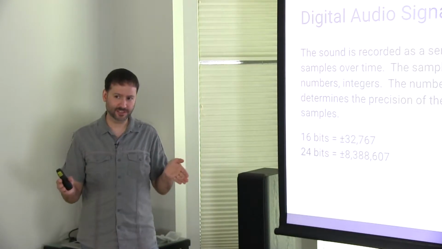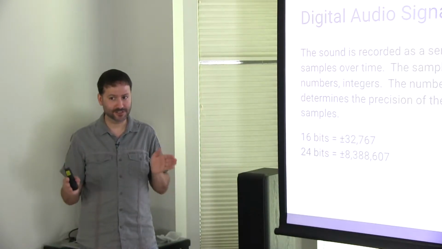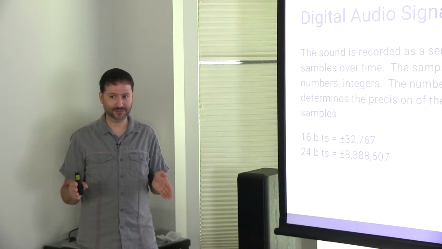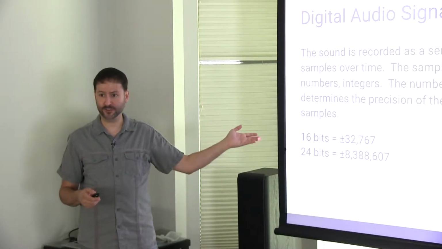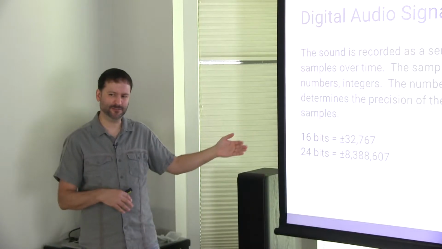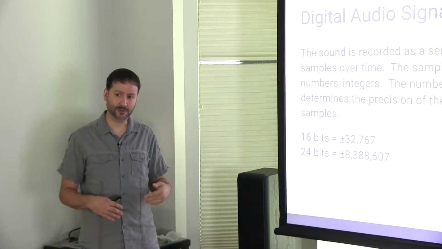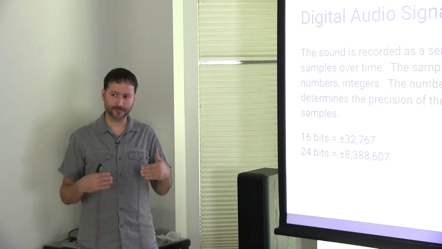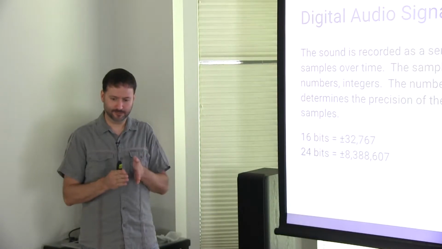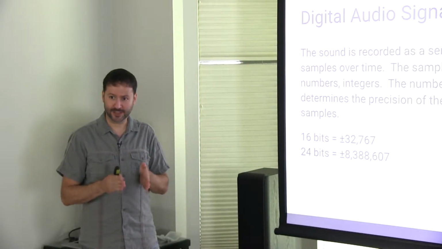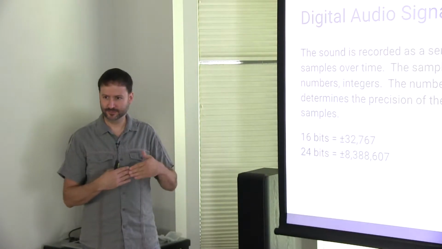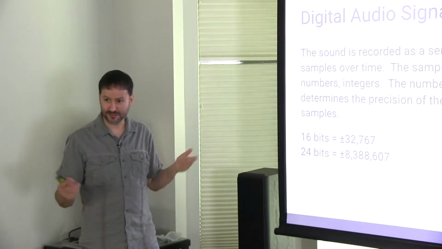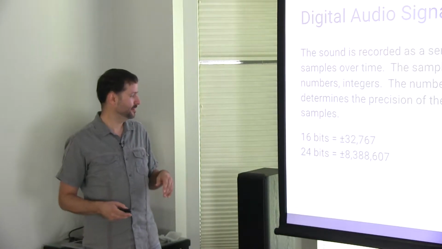If you combine those together, that means you have 2 to the 16th power possible combinations. So that's about 64,000 possible combinations, but we need half of them to be negative numbers. So with a 16-bit value for that sample, we can have plus or minus 32,767.